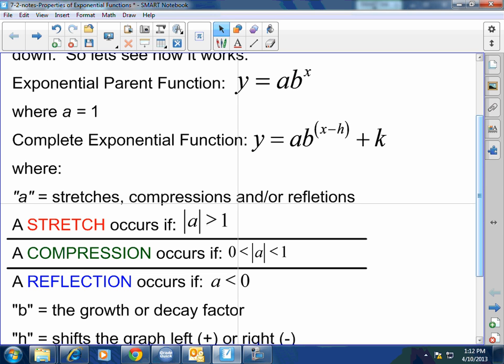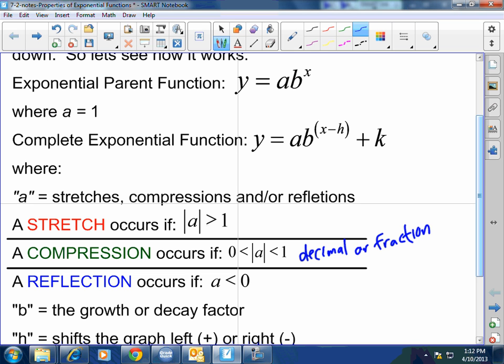If the absolute value of a is greater than 1, you've got a stretch, guys. Remember, that's going to get narrower and narrower. If the absolute value of a is greater than 0 but less than 1, in other words, if it's a decimal or fraction, I have a compression.